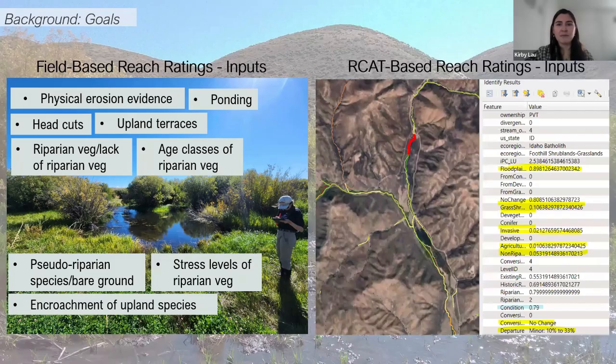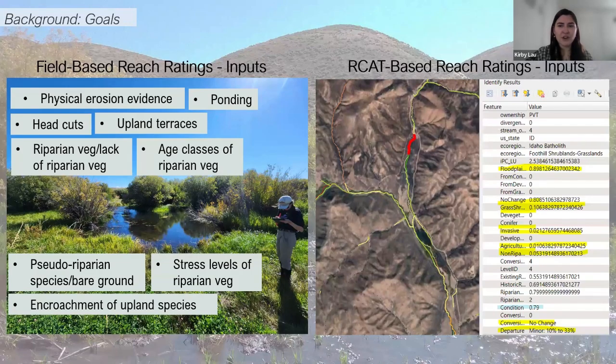And then some of the inputs for RCAT ratings on the right, including floodplain access and those historic inputs that I mentioned on the last slide, like conversion from riparian vegetation to conifers or invasive species, and conversion to agricultural lands, etc. And so these differing inputs already mean we might get different ratings for stream reaches.